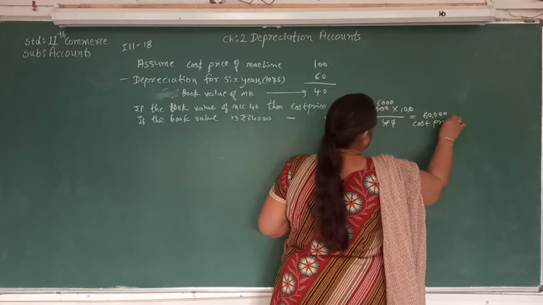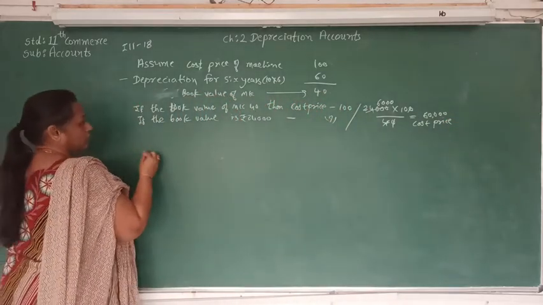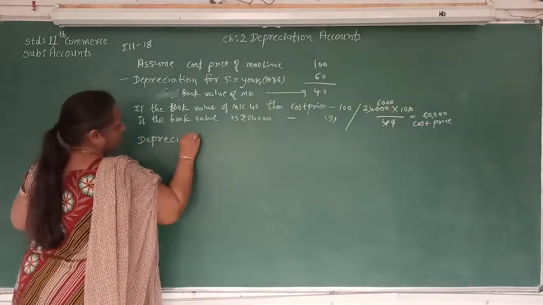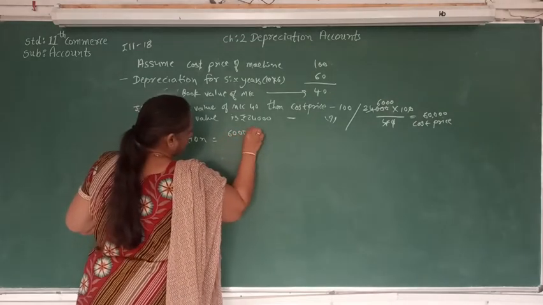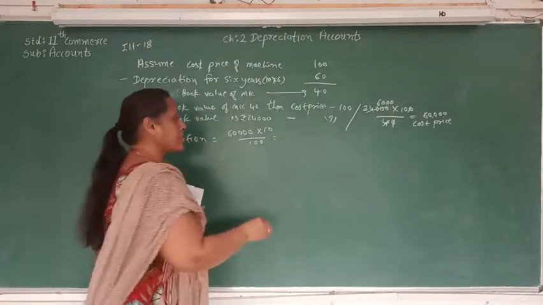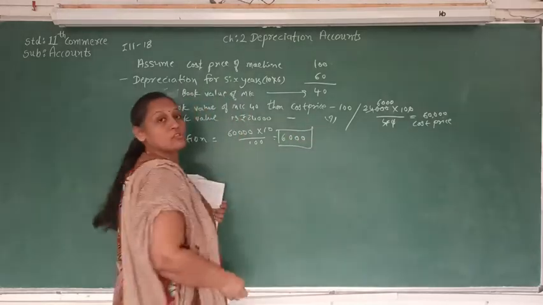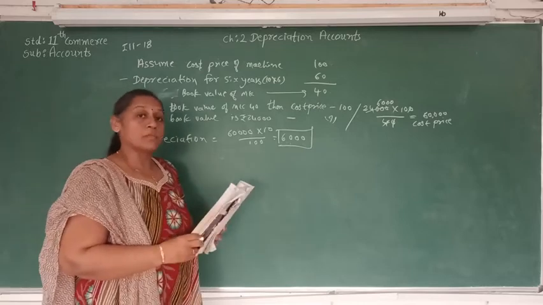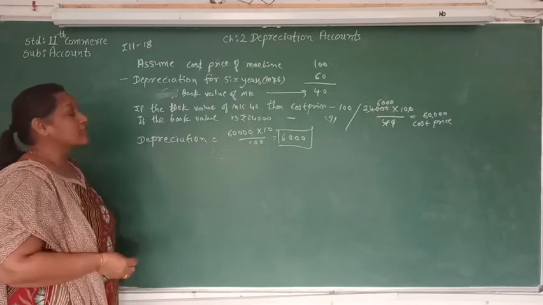Now, as we know that under straight line method we have to calculate depreciation on cost price. So let's calculate depreciation. Depreciation is equal to 60,000 into 10 upon 100. So this is the annual depreciation of the machine, 6,000. Now let's calculate the selling price of the machine, and for that the book value of the machine is given to us.